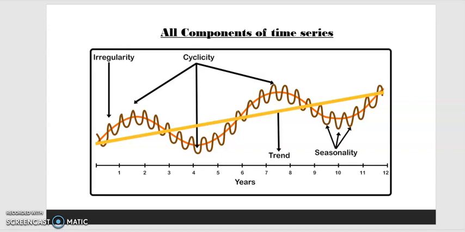Not within a year, but for a period of 12 months, there is an increase and decrease in the data, which shows us the cyclic variation. And finally, the small variation: you can see even the finger-like projections are not very identical. Those have their own properties. So those small variations are caused due to irregular components.